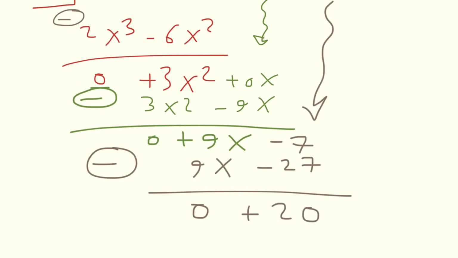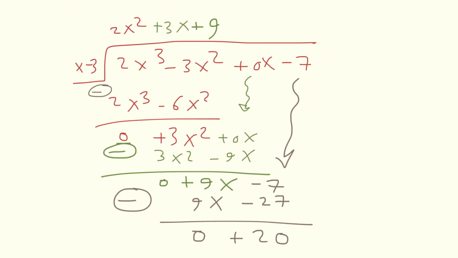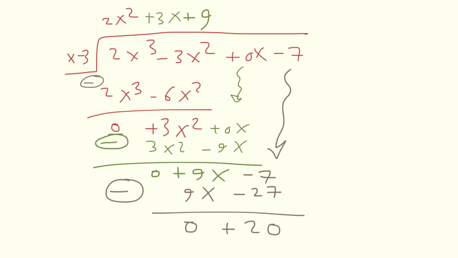If you look at the question now as a whole, there is nothing remaining to come down. The last thing that came down was minus 7. I finished the problem. I divided in 3 stages, exactly the same. So this part is called the quotient, and this part is called the remainder.